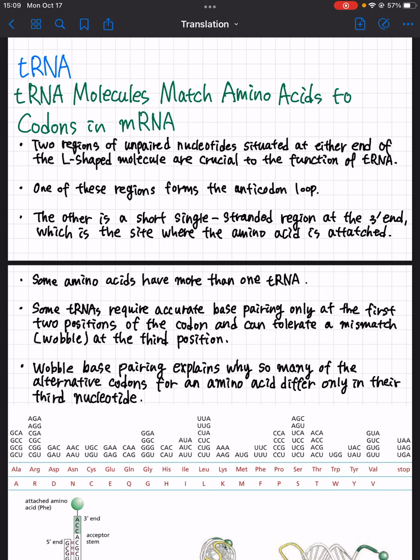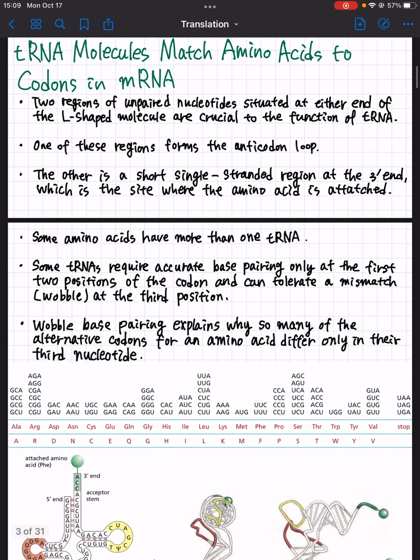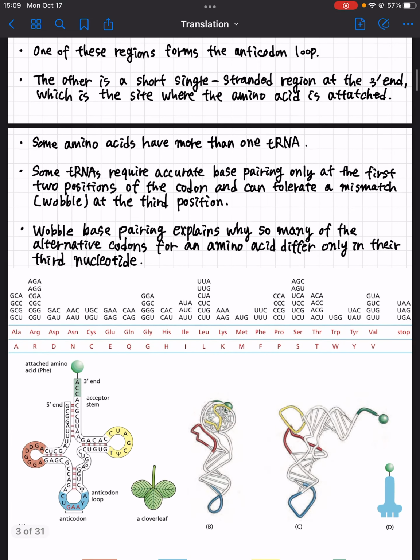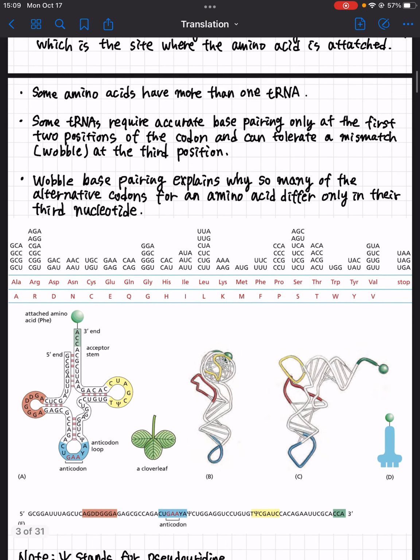The cloverleaf undergoes further folding to form a compact L-shaped structure that is held together by additional hydrogen bonds between different regions of the molecule. 2 regions of unpaired nucleotides situated at either end of the L-shaped molecule are crucial to the function of tRNA in protein synthesis.